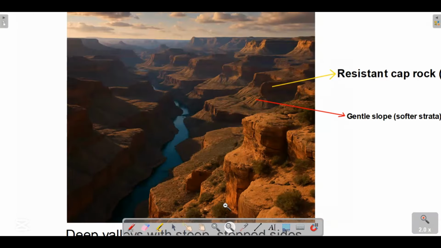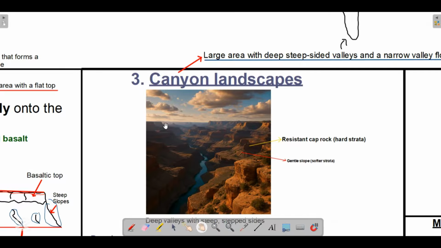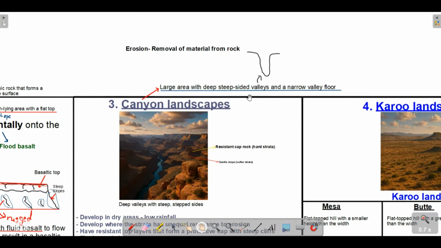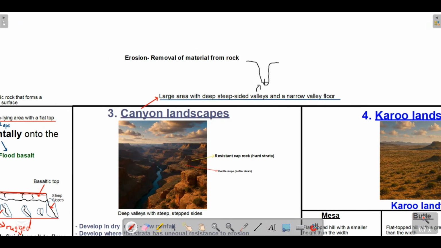And in a valley, particularly in canyon landscapes, running water is important, like the river that is running through the valley. As this river runs through this valley, it erodes the valley floor such that it becomes narrower and narrower, and deeper and deeper.